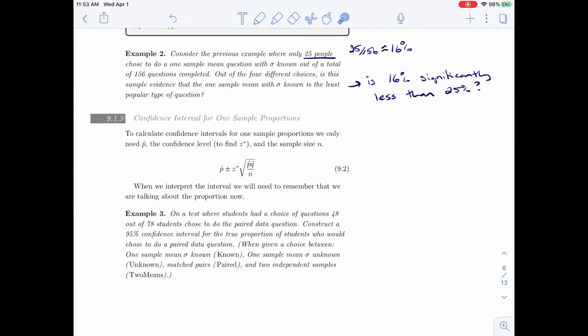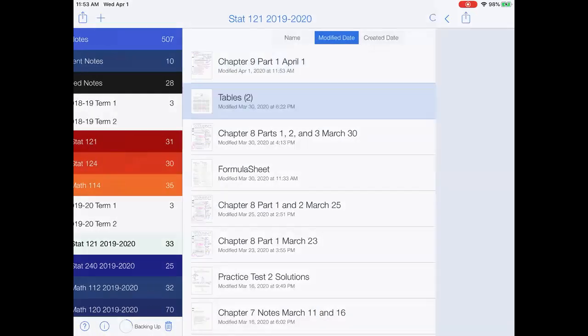So for the confidence interval, we already looked at it. We know what p hat is. P hat is the sample proportion. Z star, we already know how to find Z star. We're going to use the t-table because it's the easiest.